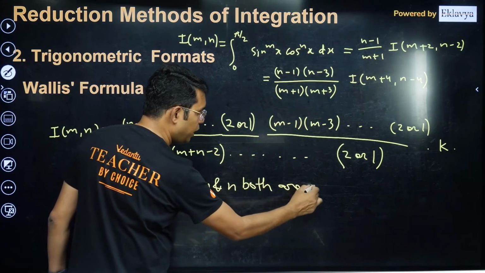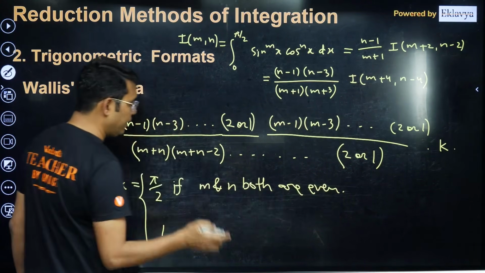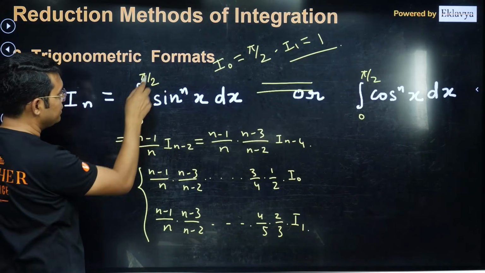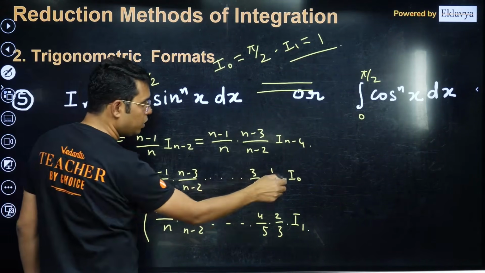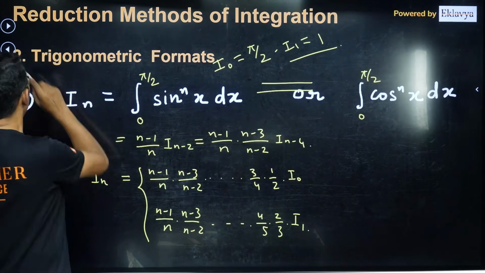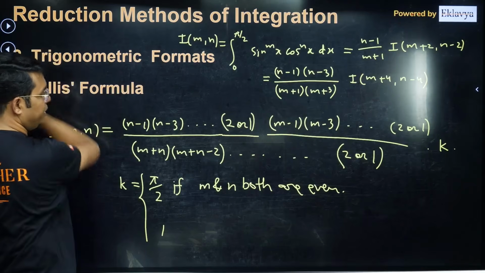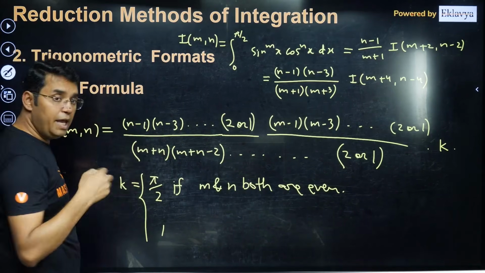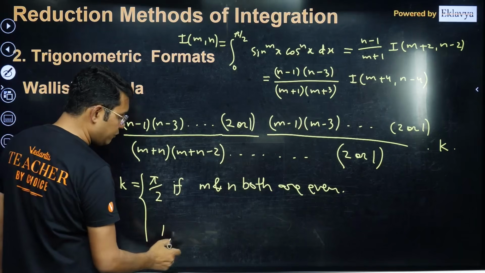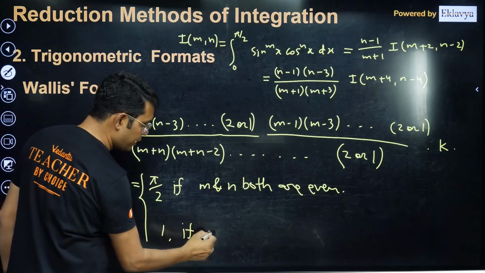You have seen why pi by 2 was coming in the previous case also, where I was deriving sine nx dx. We got I naught as pi by 2. So this is a case when n becomes even. Because of the same reason, you will see when both m and n are even, this k will become pi by 2 and it will become 1 otherwise.